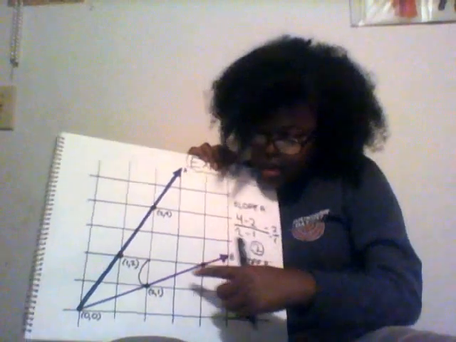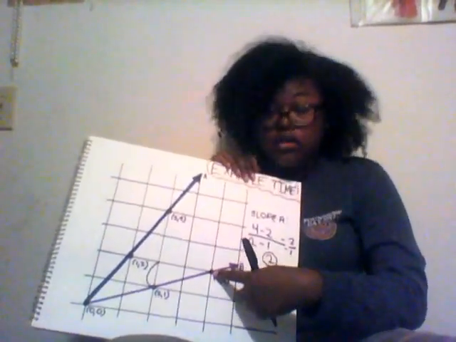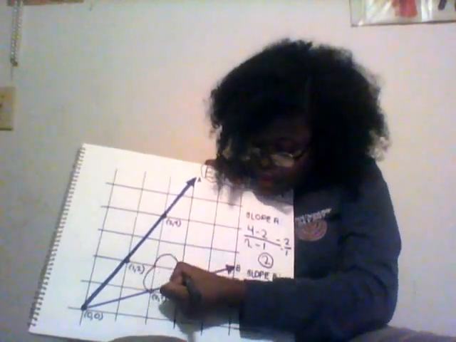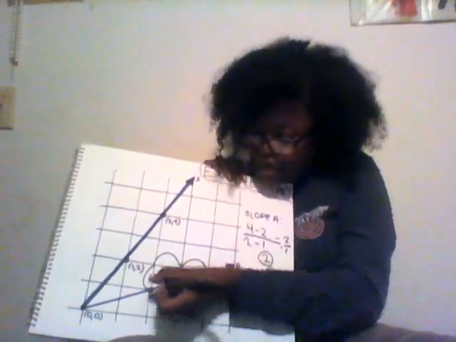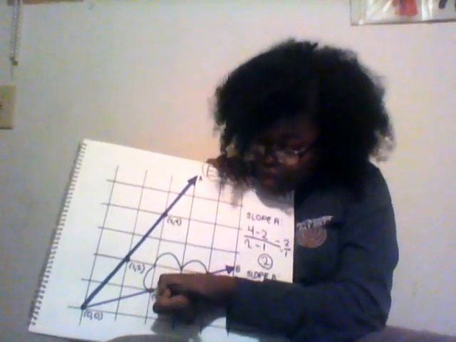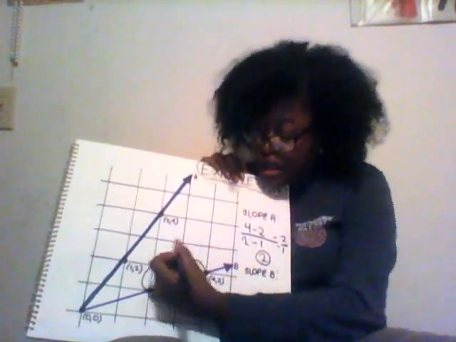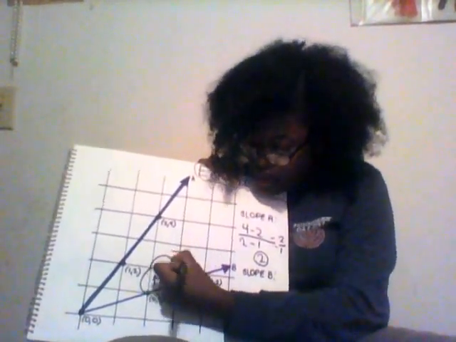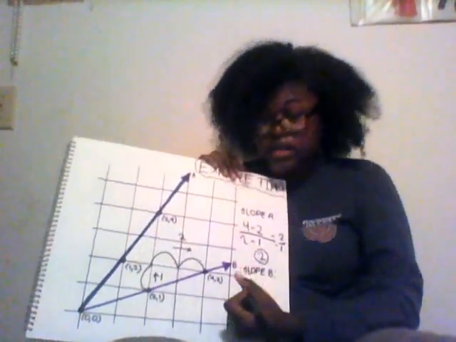And now that you see that it's actually in line with the second point itself, we can start to do our run. And it goes over 1, 2. So basically, that means that this line rises 1 in the y direction, and it runs 2 in the positive x direction.